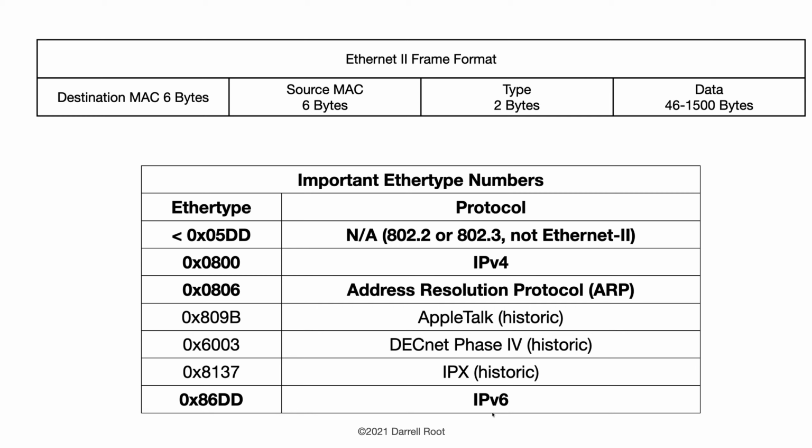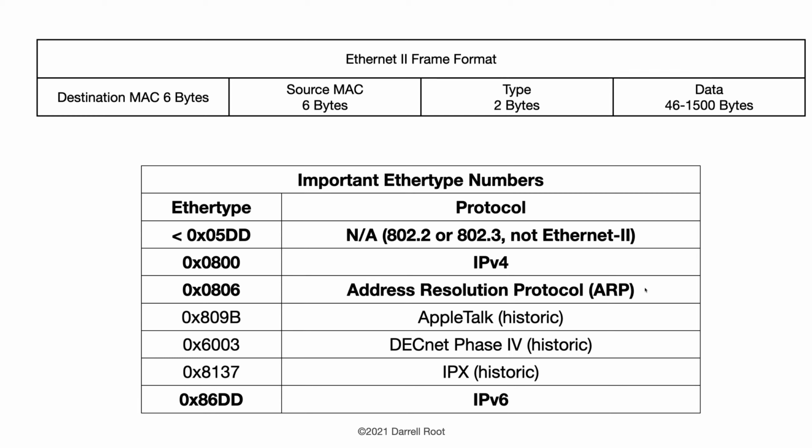Now, one interesting thing about this is, Ethernet is a layer 2 protocol. Multiple layer 3 protocols can run on top of Ethernet. You can run IP version 4 and IP version 6 simultaneously. In addition, the address resolution protocol is another layer 3 protocol, although it's a helper protocol for IP version 4.